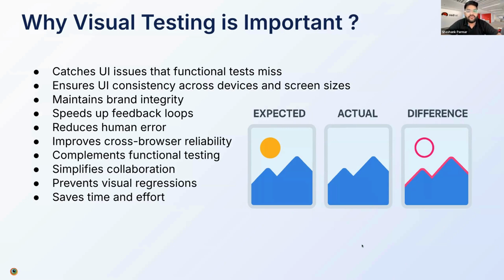Suppose anything which is working fine in Chrome should work fine in Firefox, Edge, and Safari as well, if it is consistent. It also complements functional testing, simplifies collaboration, and prevents visual regressions. It also saves human time and effort in doing the visual checks.